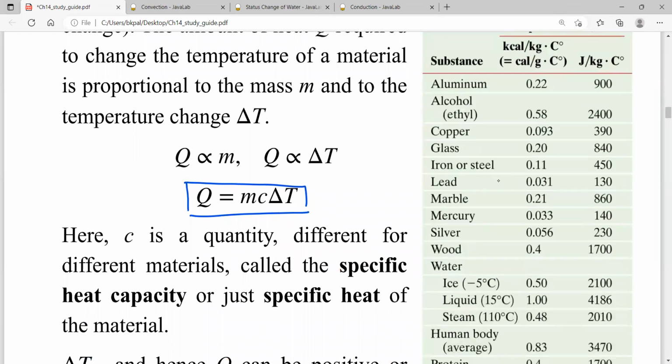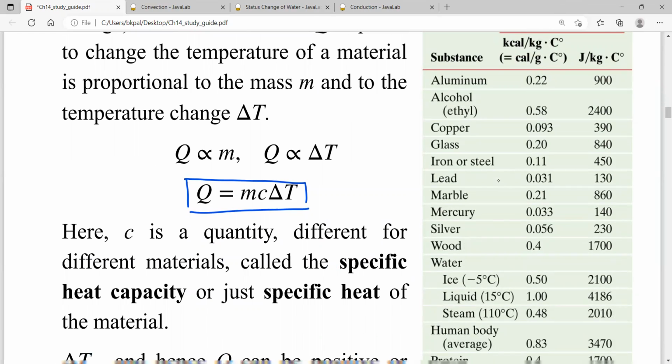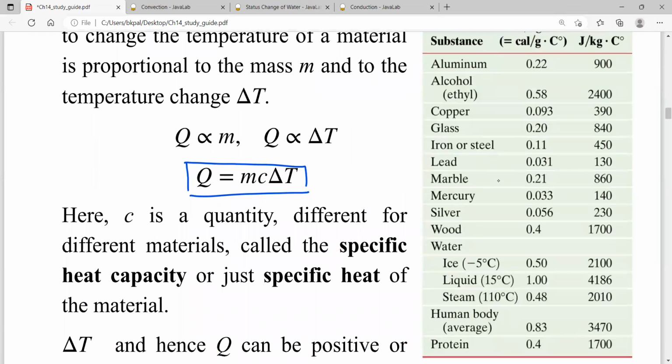In the last lecture I forgot to tell you that for water the specific heat capacities are these ones. In some numerical problems we will be using these, and some students find it confusing.